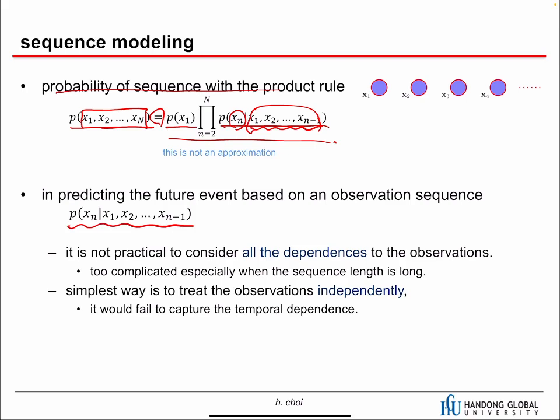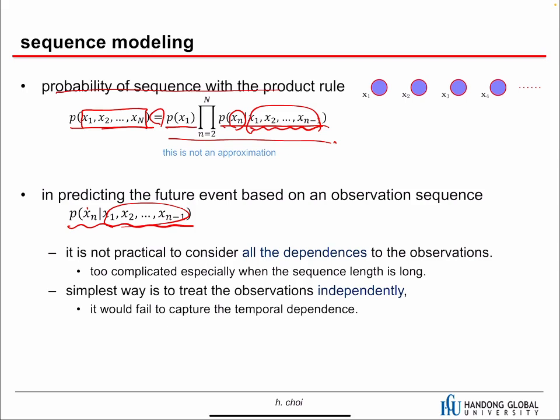Okay, so it is not practical to consider all the dependencies on the observations. If we have a long sequence, the length of the previous history could be like 100. Then we need to capture all the relationships between xn and x1, x2, up to xn minus 1. So it's really complicated.